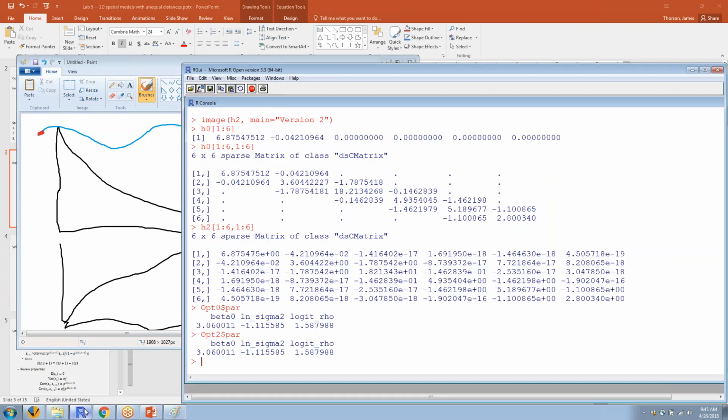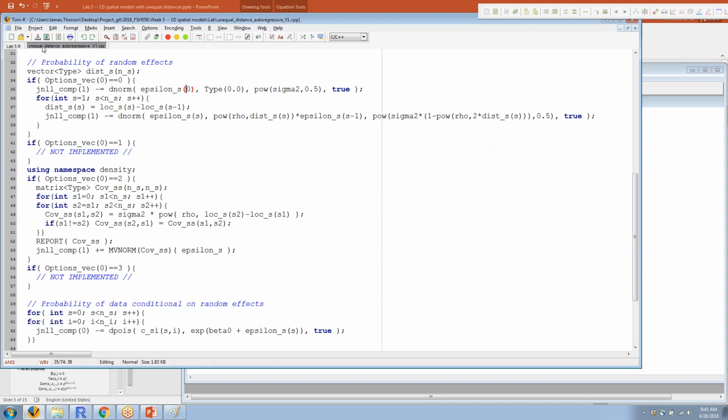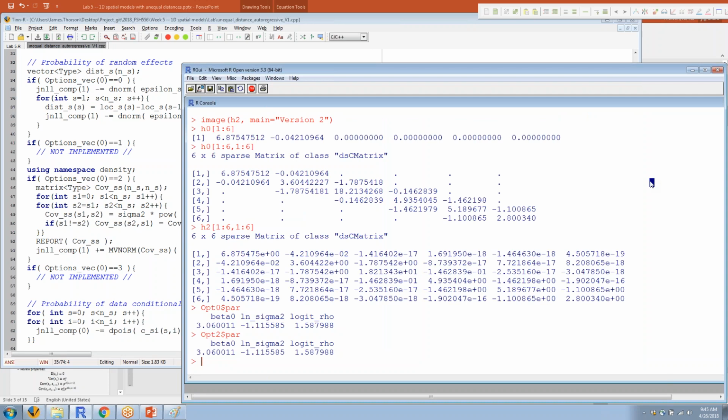So in this case, method 0 is sweeping upstream to downstream, from site 1 to site 100. It's defining site 2 given site 1, site 3 given site 2, but it's still internally working out that the resulting correlation matrix and Hessian matrix are symmetric.